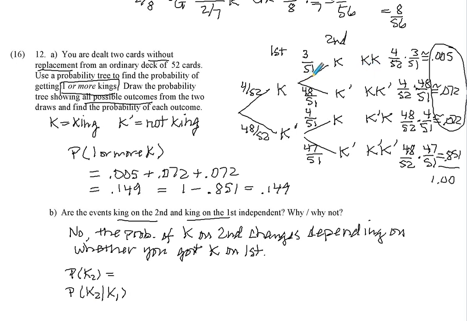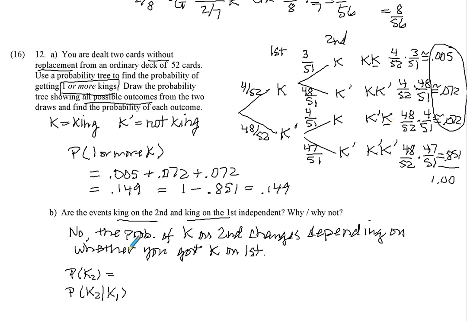Either you got a king on the second when you got a king on the first, so that's this possibility, the 0.005, or you got a king on the second draw here when you didn't get a king on the first. So you either got a king here on the second or a king there on the second. 2 ways that are exclusive.